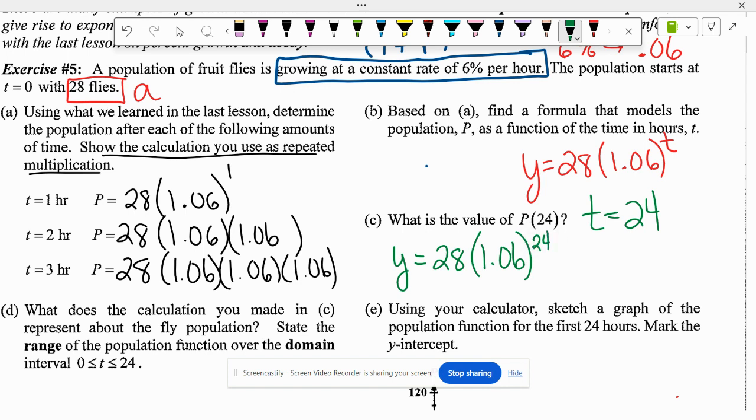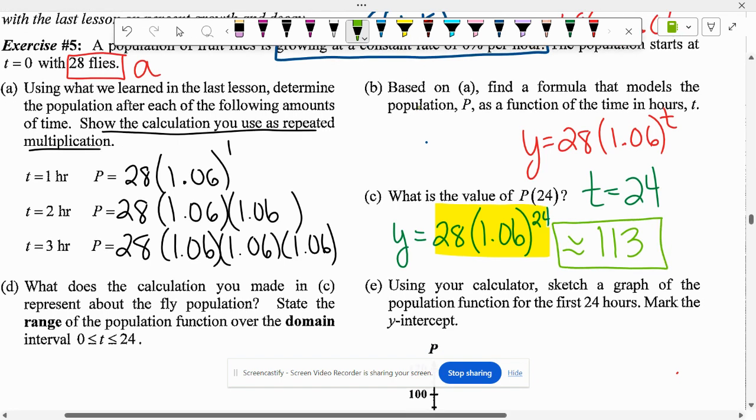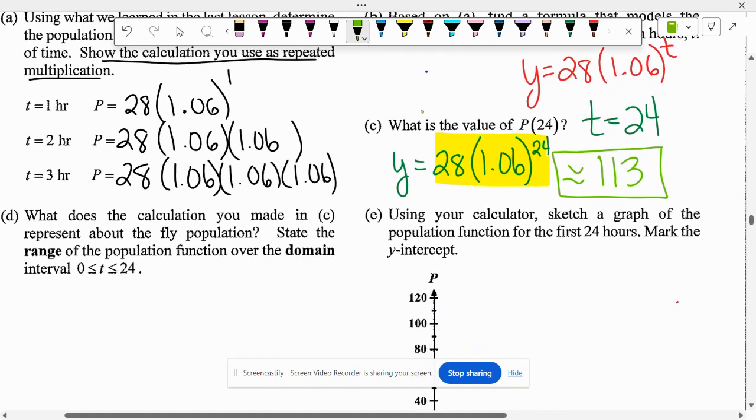So you can either put that in your y equals and go to the table and find out what happens when x is 24, or you can just put this part into your calculator on the front screen, right? You can just do that math in your calculator on the front screen. What does it give you? Yeah, it's about 113.37, and I don't think that we want 0.37 of a fruit fly. So we're going to say there's about 113 fruit flies after 24 hours.